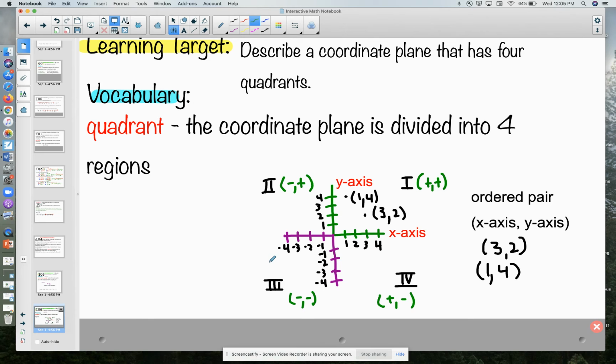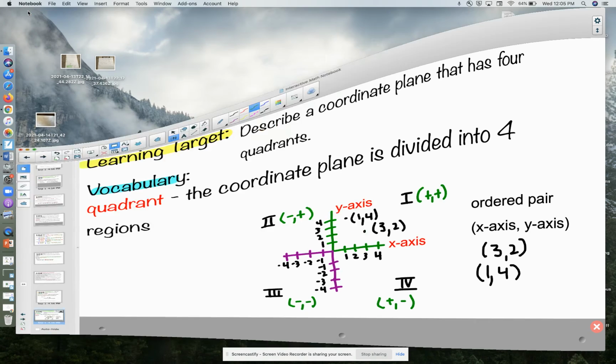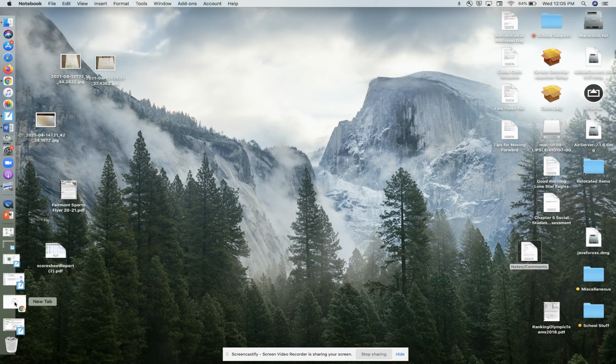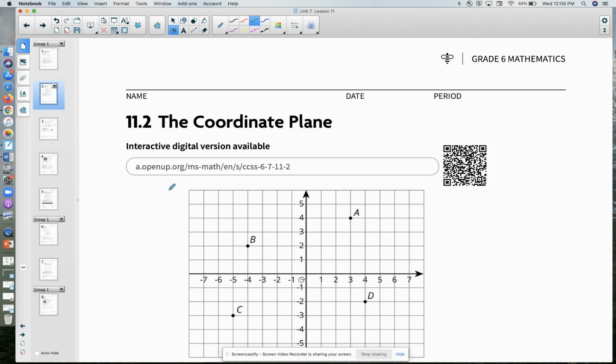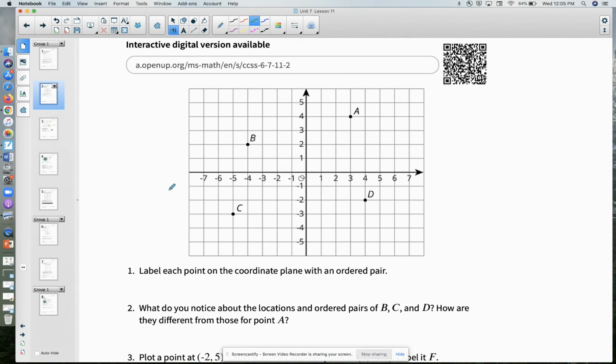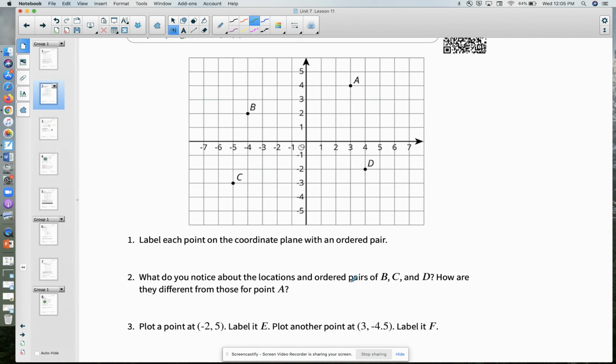We're going to go to the student task statements now. And then you can just follow along in your notebook, or you can write this on Canvas. It's up to you. Label each point on the coordinate plane with an ordered pair. What do you notice about the locations and ordered pairs of B, C, D?